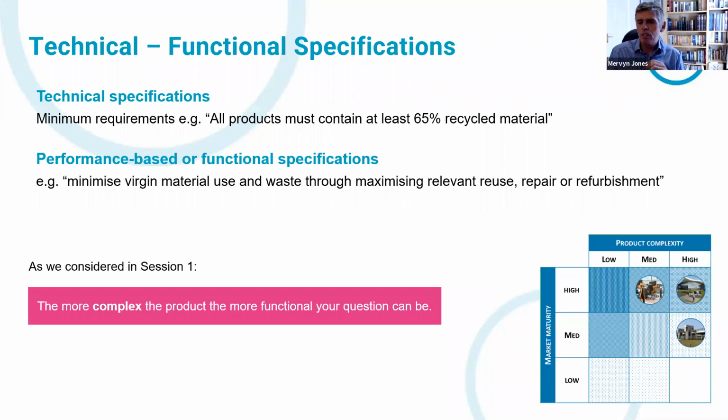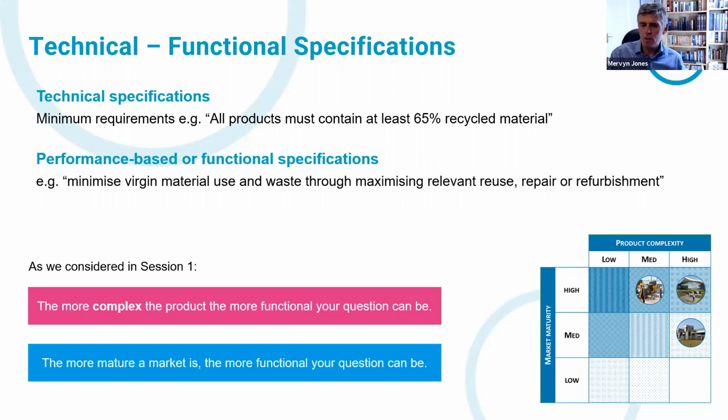So that maturity is a factor to be considered as well, because there's no point in setting functional questions if a marketplace is only able to deliver to technical. And again, that reinforces the point of understanding at what level the market is through market engagement prior to the setting of specifications.